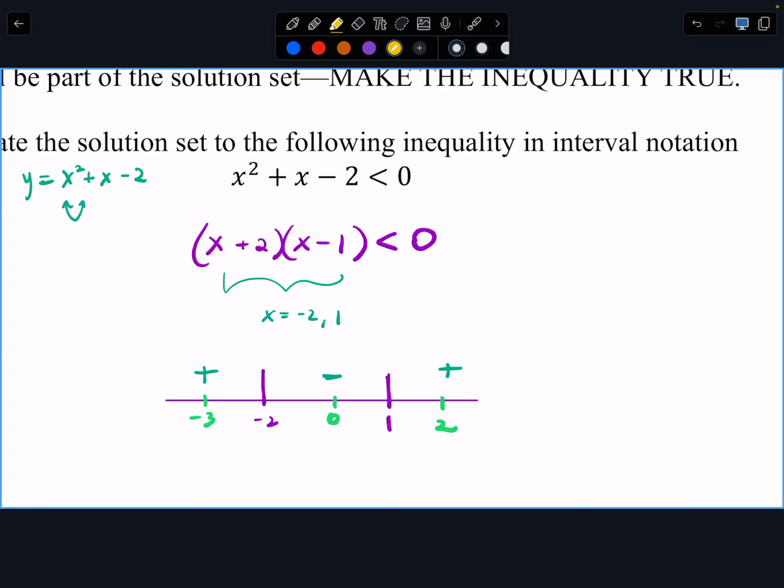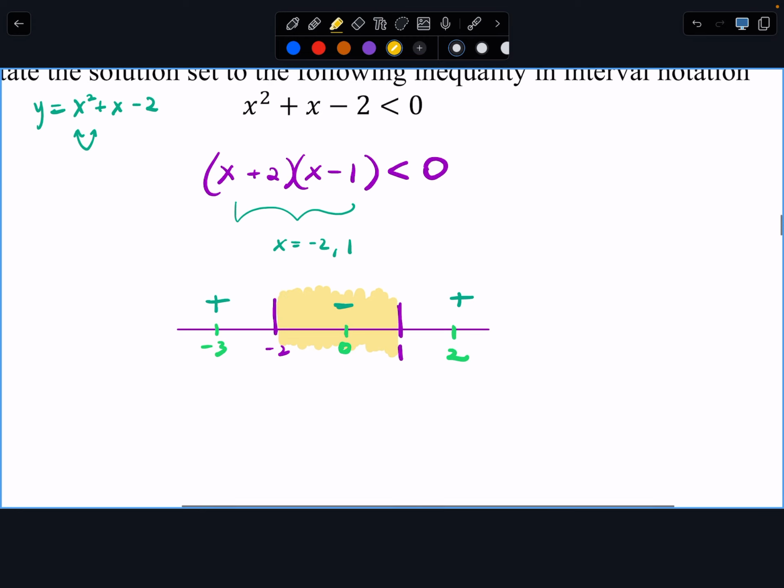Well, 0 was the test value we used on that interval, and that's on the interval from -2 to 1. So that means the solution set in interval notation would be between -2 and 1.